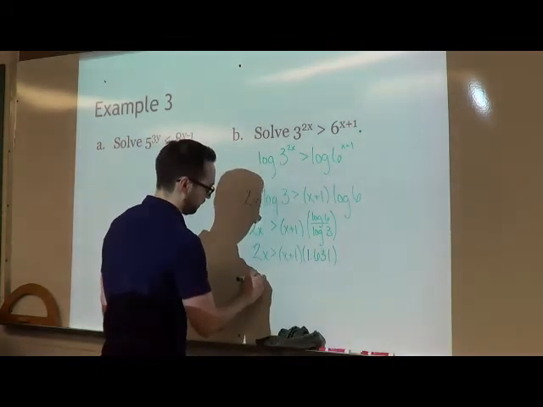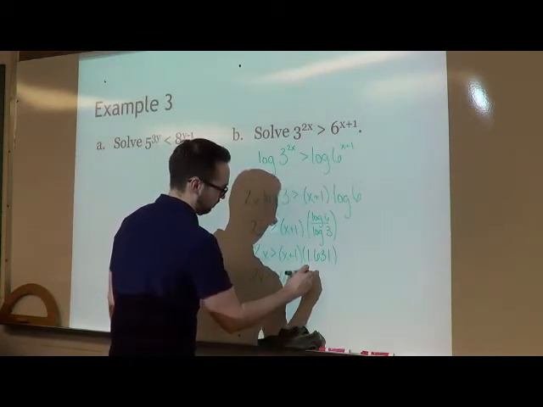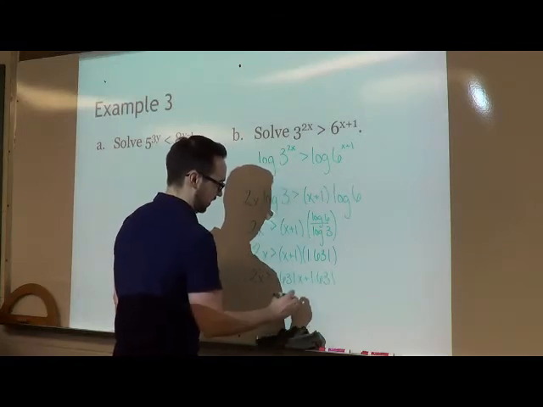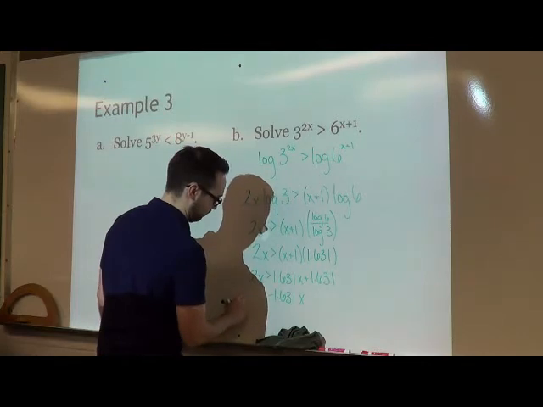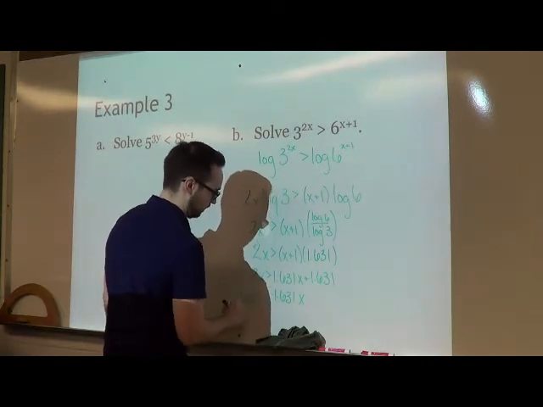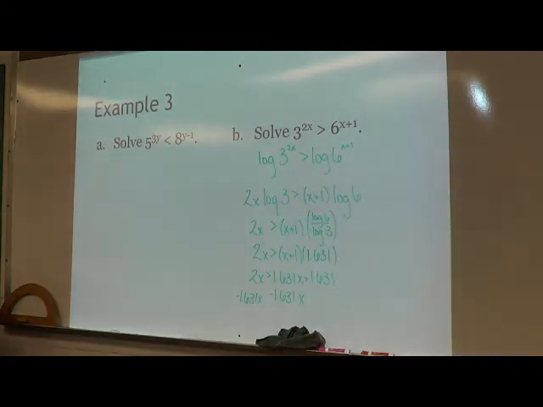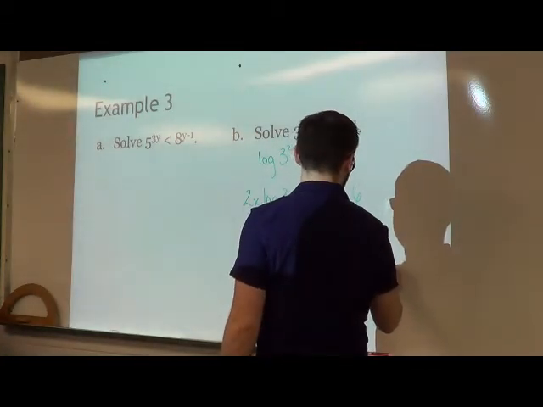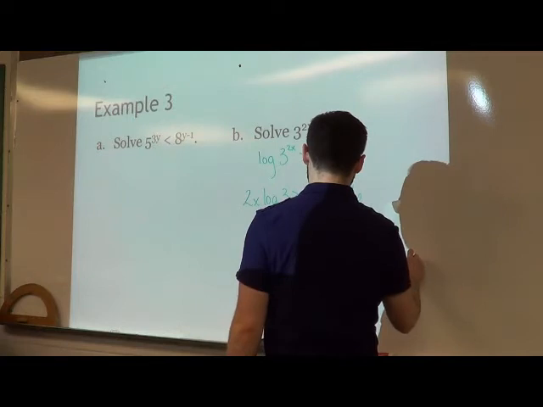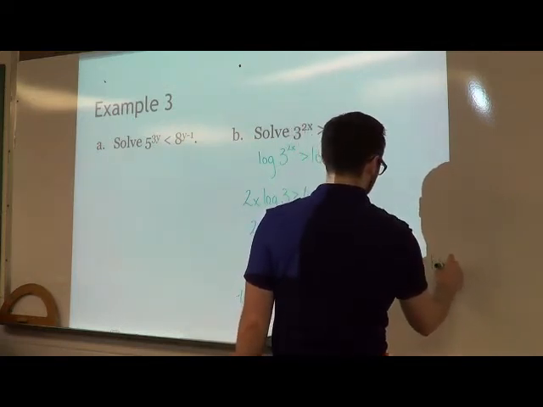Distribute that. Subtract it. So we end up with 0.369x is greater than negative 1.631.